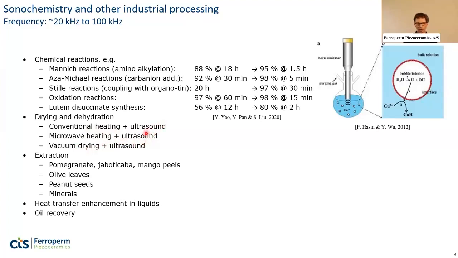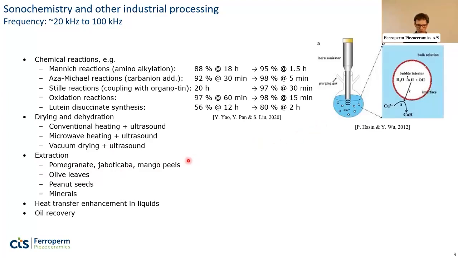The point is, if you combine those with ultrasound, you will have a much more efficient drying or dehydration. The next example is for extraction from various materials. For example, here from some organic materials like pomegranate or mango peels, olive leaves or peanut seeds. You can extract certain substances from those with the help of ultrasonic energy.